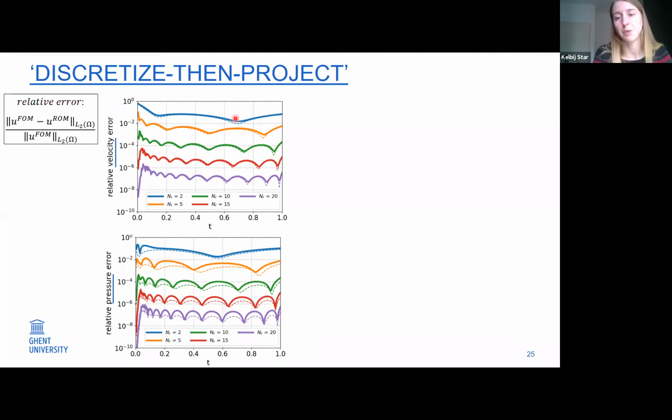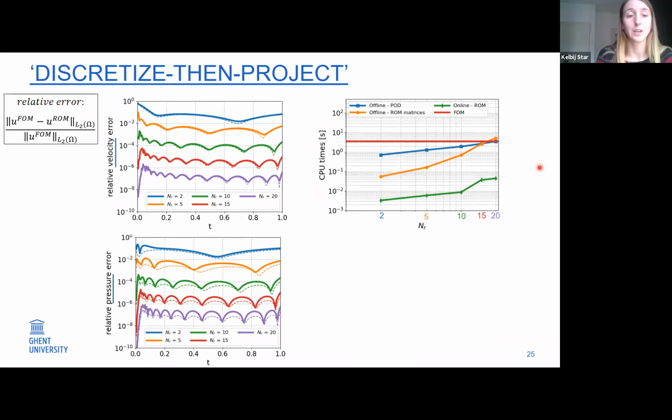It's the best possible error you can get at every time instance, and it results from truncating the number of POD modes. That's what we also did with the pictures. I didn't yet have my reduced order model; I truncated and just showed the error compared to the original. The same trend is visible for the pressure.